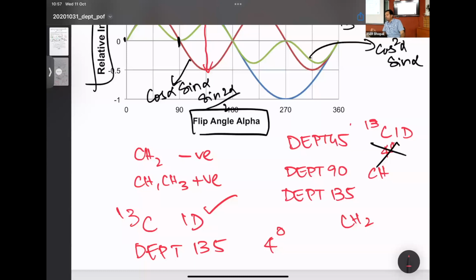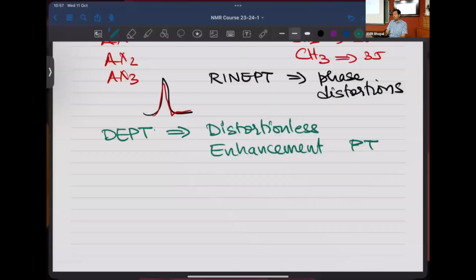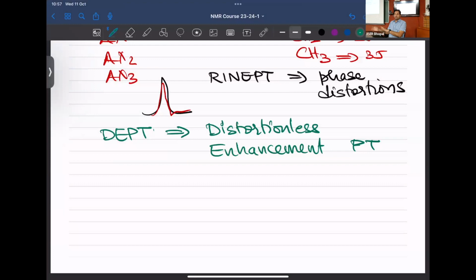So this way, what you have learned is that one can exploit NMR spectroscopy and the product operator formalism to understand what will be the outcome of the experiment. The one thing that, once again, I cannot emphasize enough is that this will be a distortion-less spectrum. Although you would get similar results from an INEPT, here the phase distortions will not exist because you keep the signal in multiple quantum coherence when the scalar coupling does not evolve.